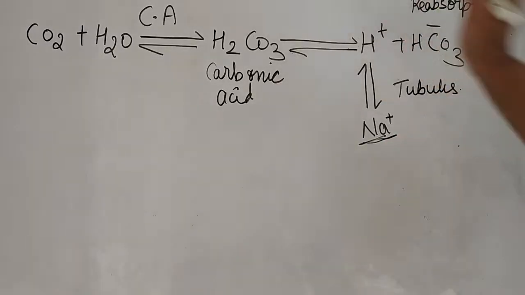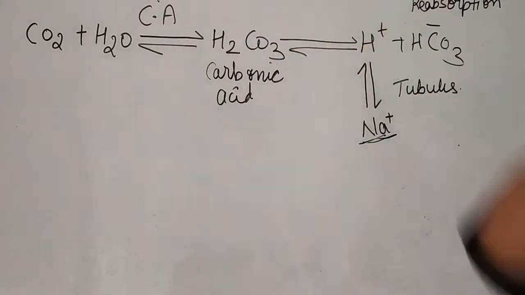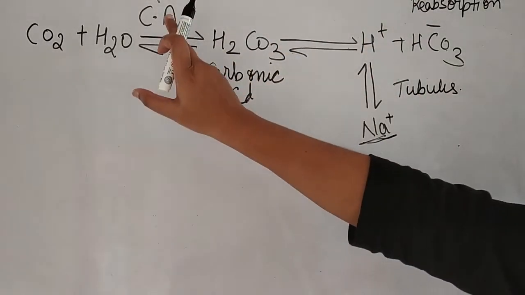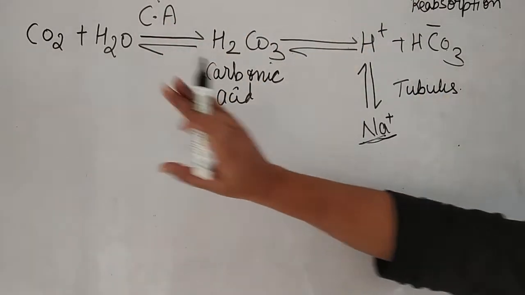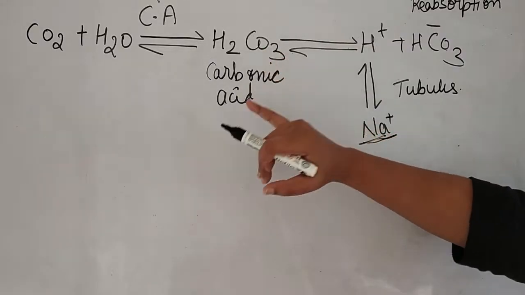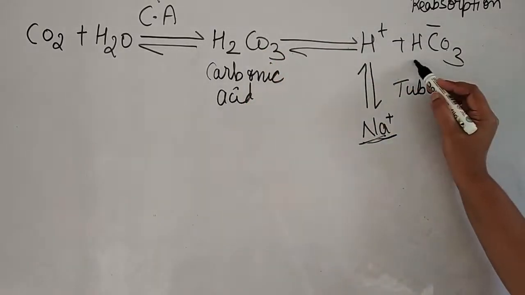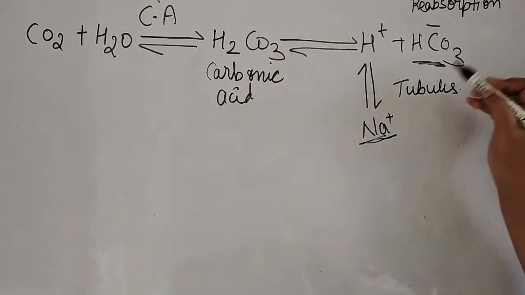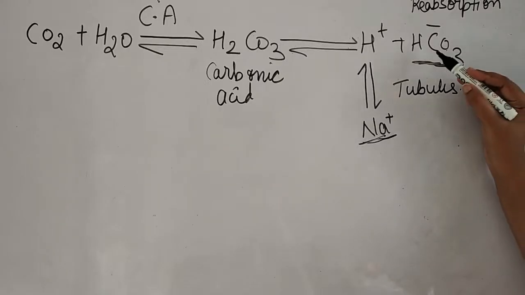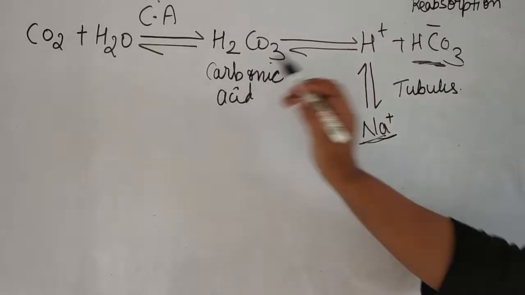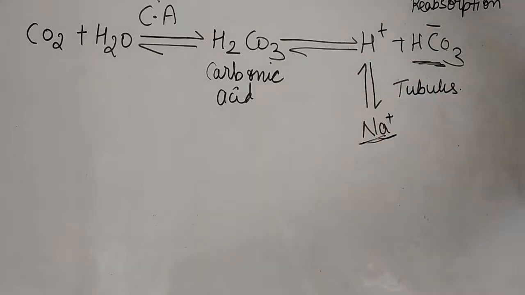So what happens with the carbonic anhydrase inhibitor? It will inhibit this enzyme. Carbon dioxide and water will not convert into carbonic acid, and this will reduce bicarbonate ion formation.